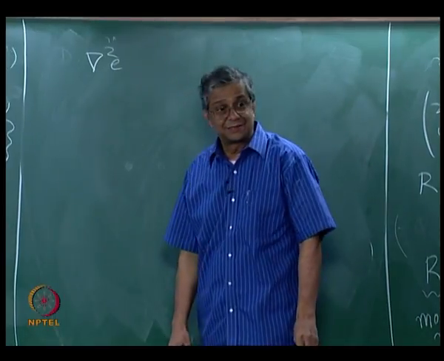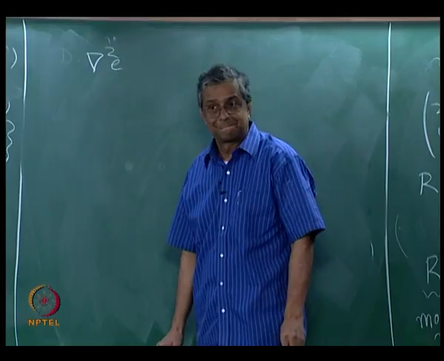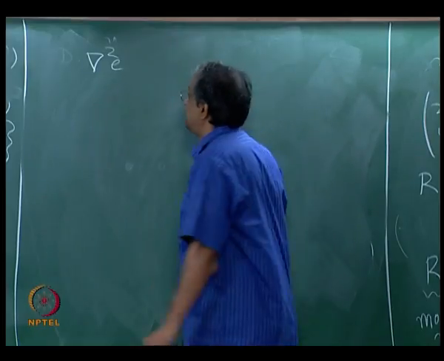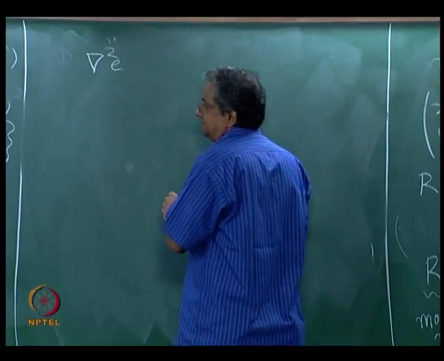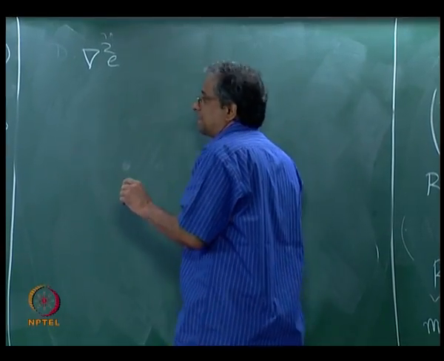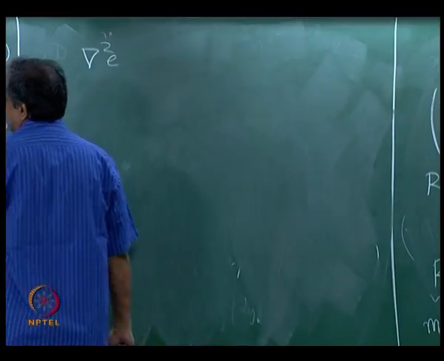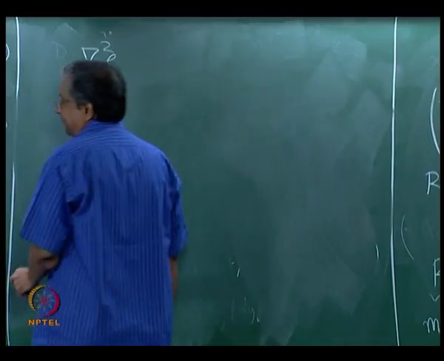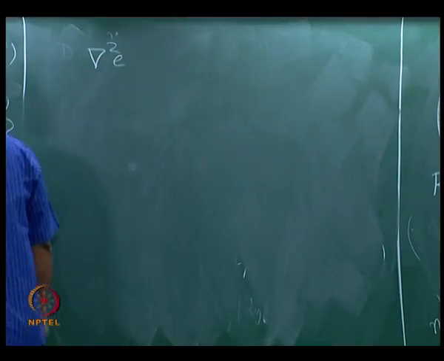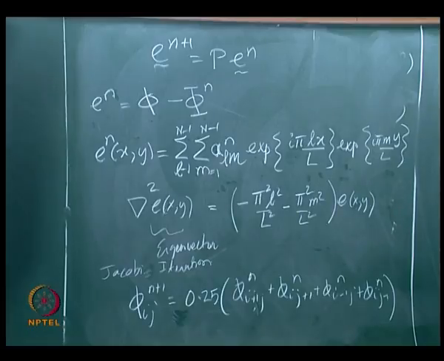Is del squared E equals 0? So this will be for any n, and del squared E equals 0.